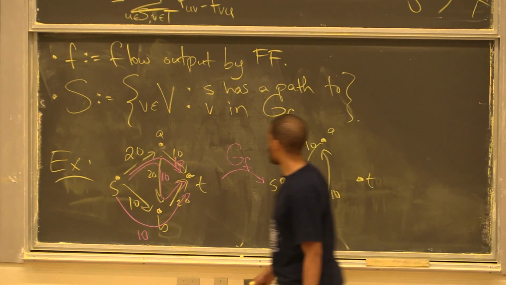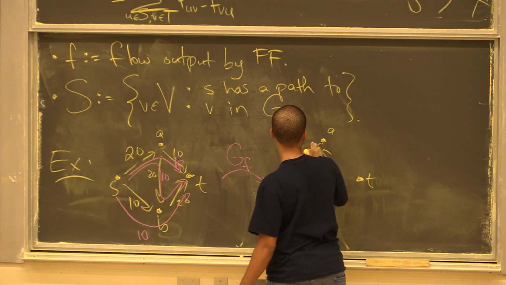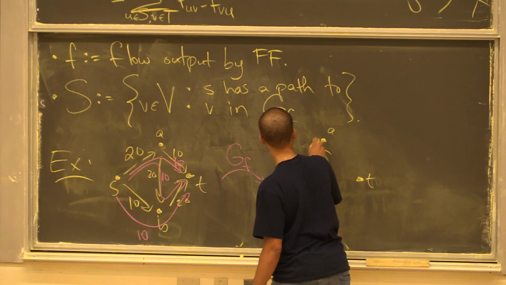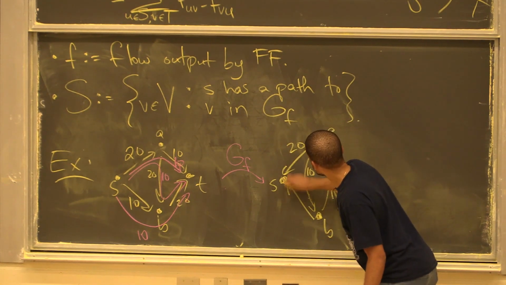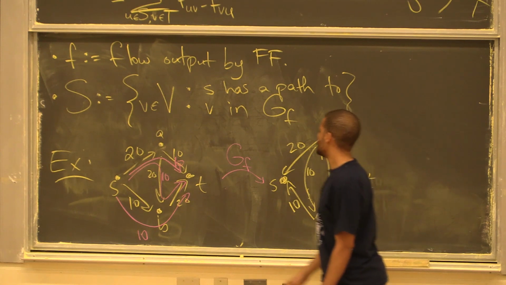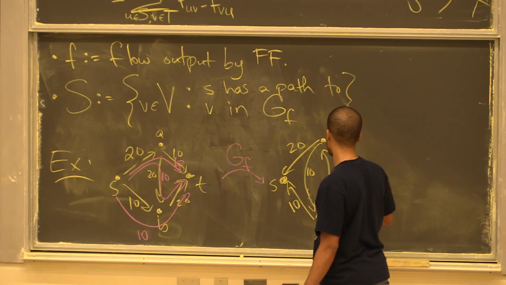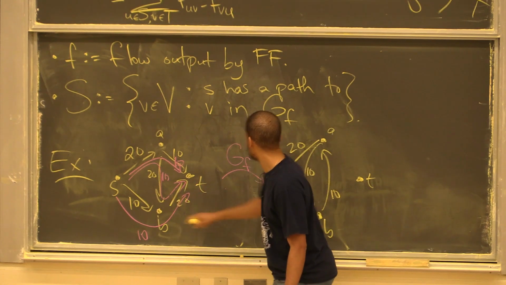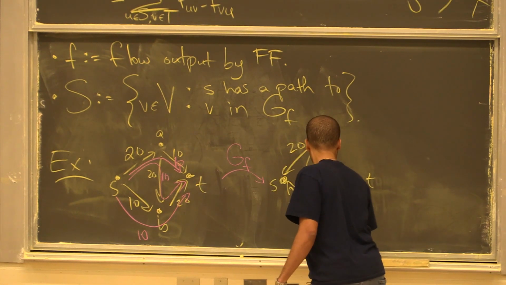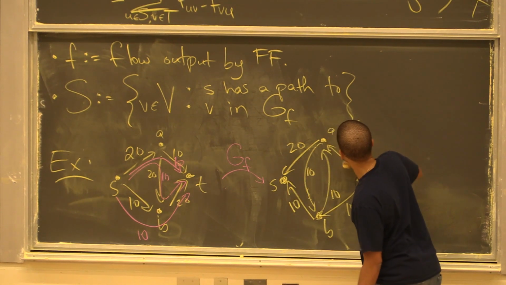And then we've used all the capacity in these two edges, so the reverse edge has capacity now. So we have this edge with capacity 20, the reverse edge with capacity 20, and this reverse edge with capacity 10. Similarly over here, we've used all the capacity in this edge, because this is flowing 10 on it, this is flowing another 10 on it, which means we have this backwards edge with capacity 10, and similarly here we have this backwards edge with capacity 10.